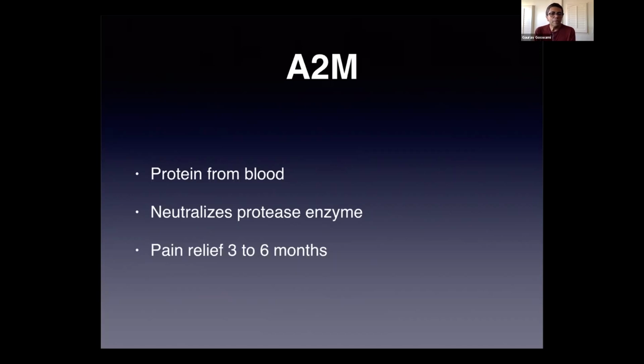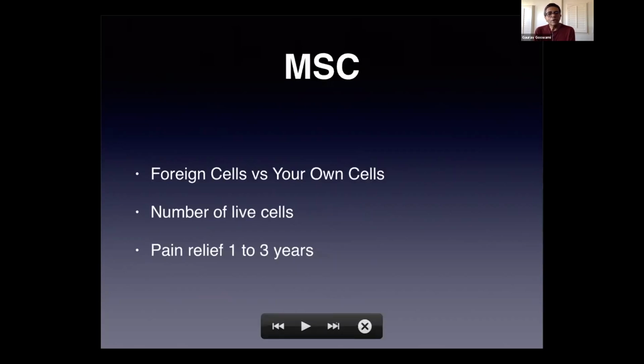And I think that is where the emerging treatments are right now, where there's a lot of science behind them, but how the preparation is done matters, starting from PRP. All PRP is not the same. All A2M is not the same. And then mesenchymal stem cells, also just the word stem cells doesn't mean anything.